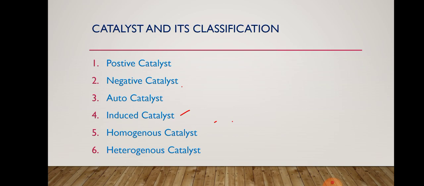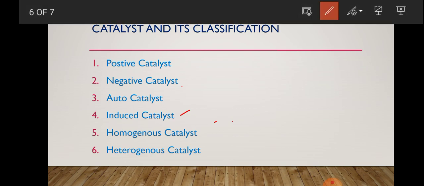At first, positive catalyst: a catalyst which enhances the rate of reaction is called a positive catalyst. Now negative catalyst: the catalyst which retards, meaning reduces, the rate of reaction is called a negative catalyst.